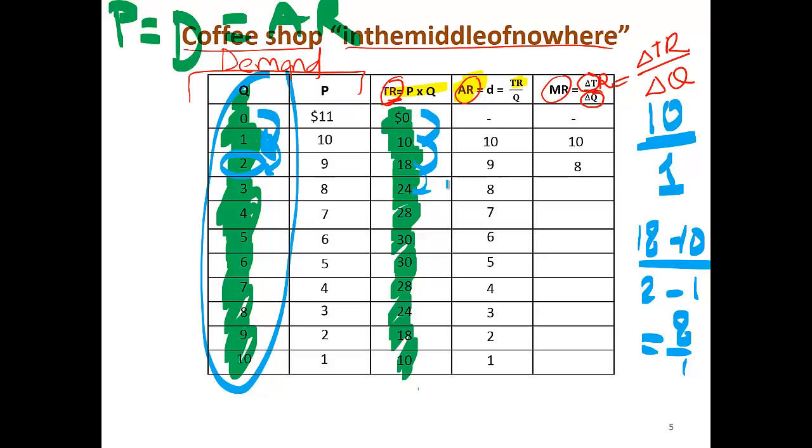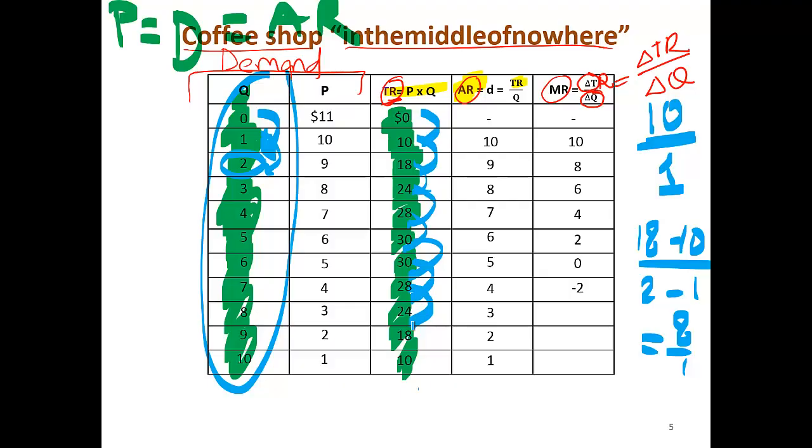18 to 24, it is positive 6. 24 to 28, total revenue increased by 4. 28 to 30, total revenue increased by 2. 30 to 30, 0. Marginal revenue is 0. 30 to 28, marginal revenue is negative 2. Total revenue decreases from 28 to 24.